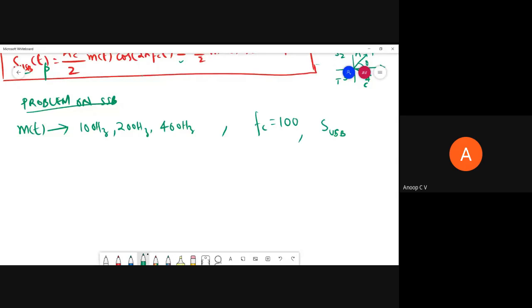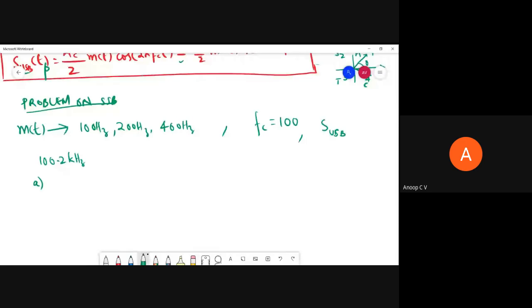The coherent detector employed at the receiver uses a local oscillator that gives us a cosinusoid of frequency 100.2 kilohertz.